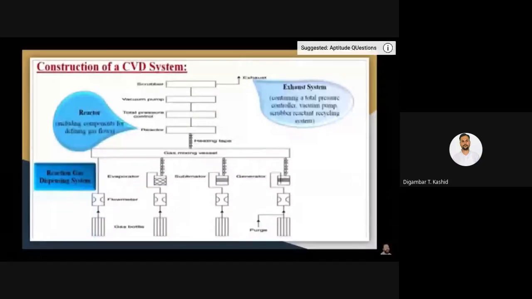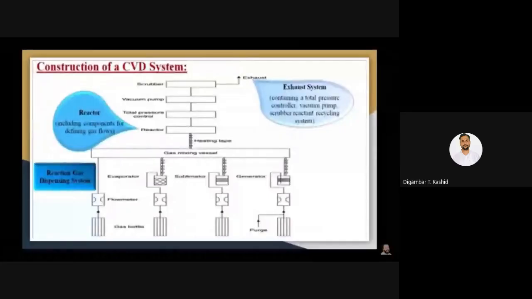Then we have some kind of reactor, as I have shown here, which includes the components for defining the different gas flows, by which we can put the gas into the system and do the mixing.